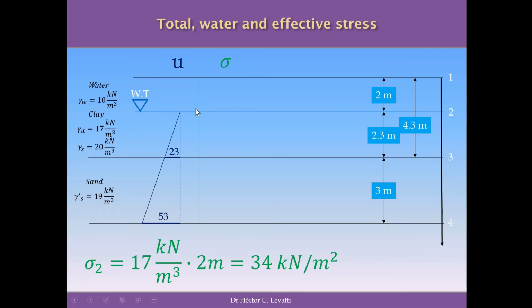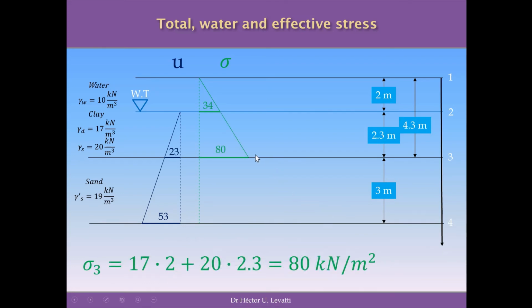The column of clay on top of point 2 is 2 meters, and this is the reason why we are multiplying 17 kilonewton per cubic meter by 2 meters, and we find a pressure of 34 kilonewton per square meter that we can sketch in this diagram as this. And we have the first interval of this total pressure diagram that starts at 0 at the surface and increases to 34 at the level of point 2.